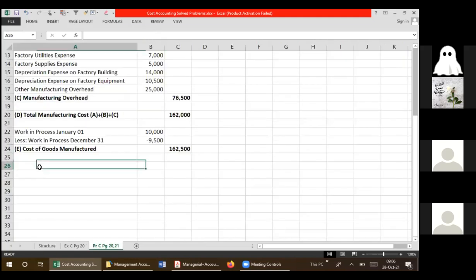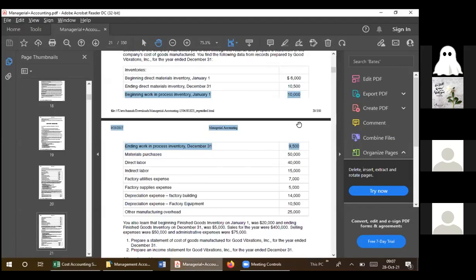That is point F. Finished goods inventory January 1st, $20,000.